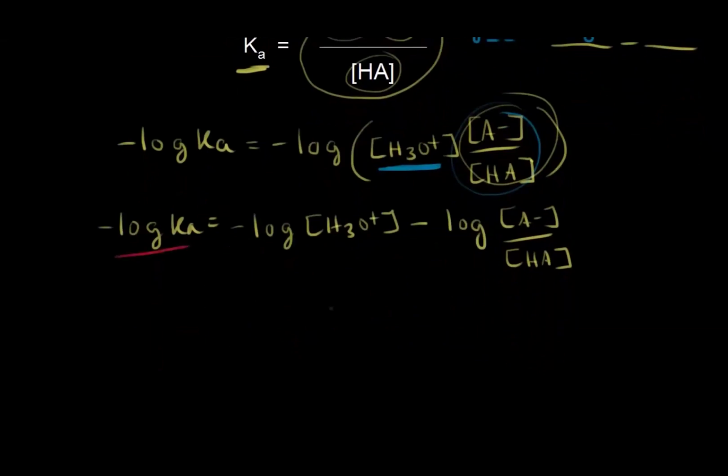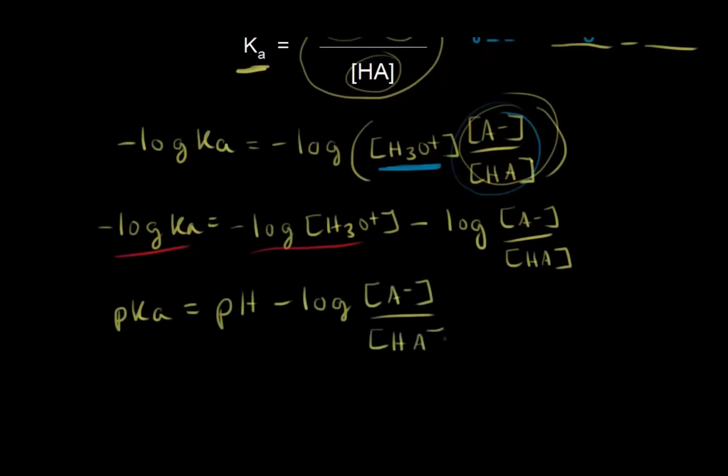All right, so we can keep going here because we know the negative log of Ka is equal to the pKa. And then over here, we have the negative log of the concentration of hydronium ions. That's equal to the pH. So negative log of the concentration of H3O plus is equal to the pH. And then we have minus log of the concentration of A minus over the concentration of HA.